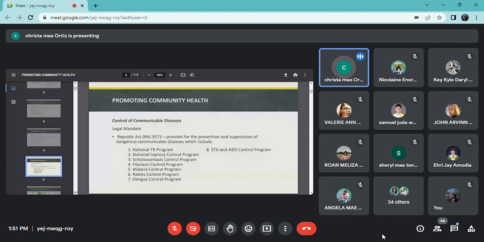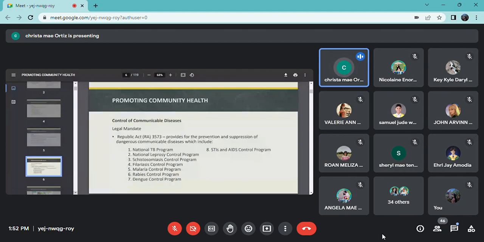This covers our tuberculosis program, National Leprosy Control Program, Schistosomiasis Control Program, Filariasis Control Program, Malaria Control Program, Rabies Control Program, Dengue Control, and STIs and AIDS Control Program.